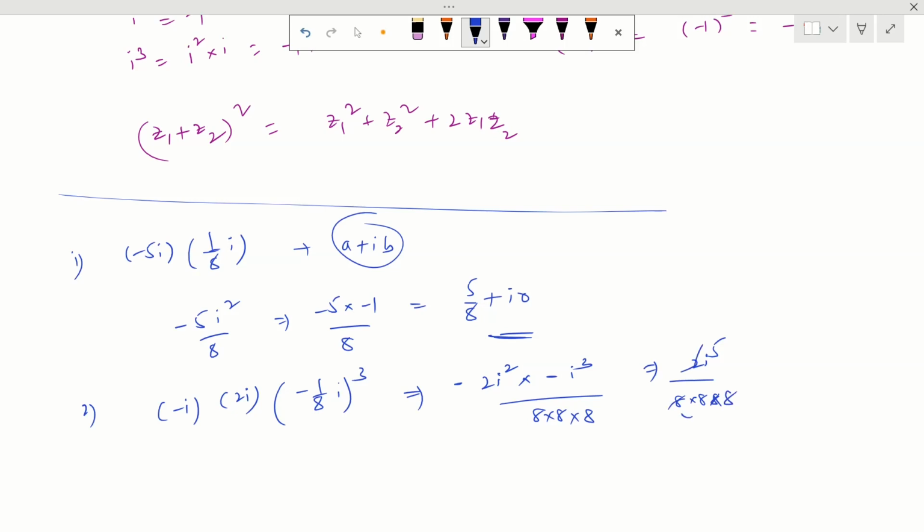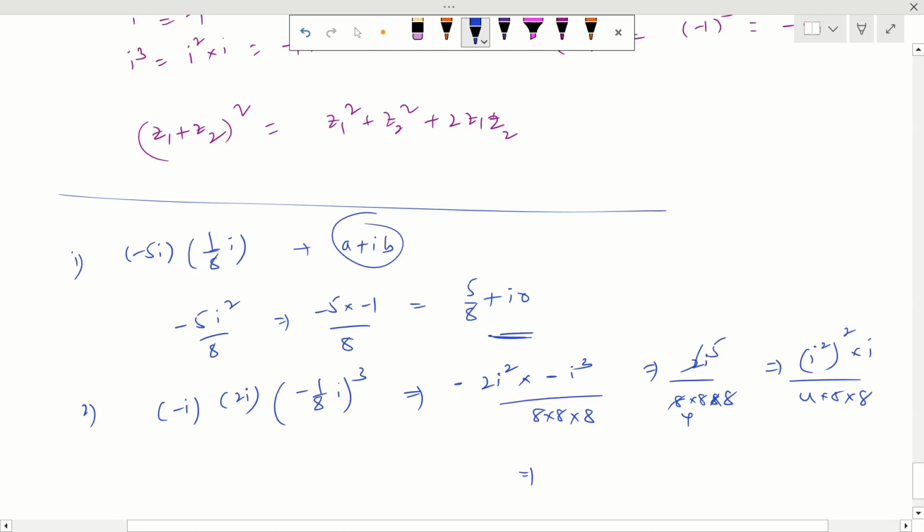So 2 ones are 2, 2 fours are 4. Then what is the value of i raised to 5? We can write it as i square into square of i, divided by 4 into 8 into 8. I square value is minus 1, minus 1 whole square is 1, and 1 into i is i.